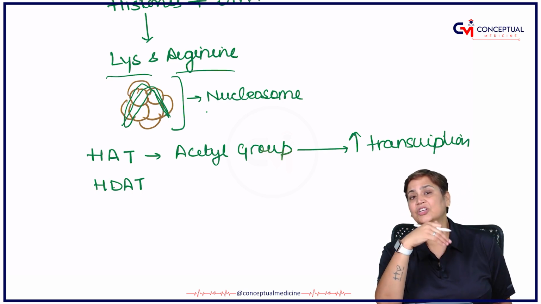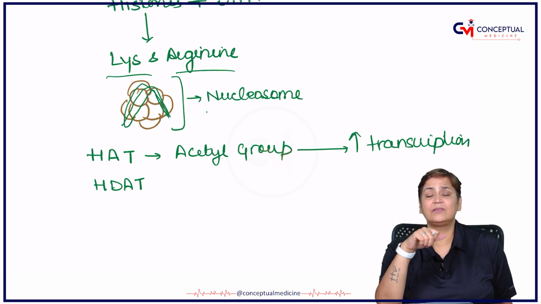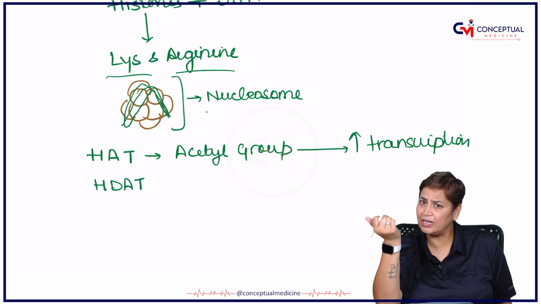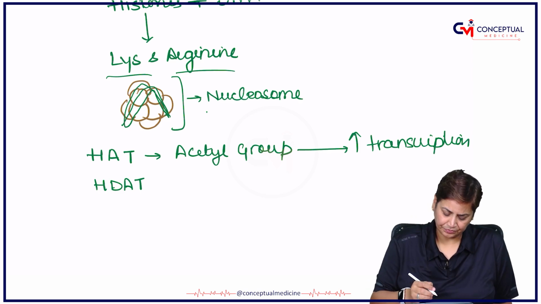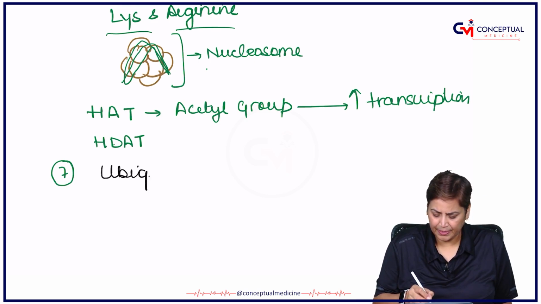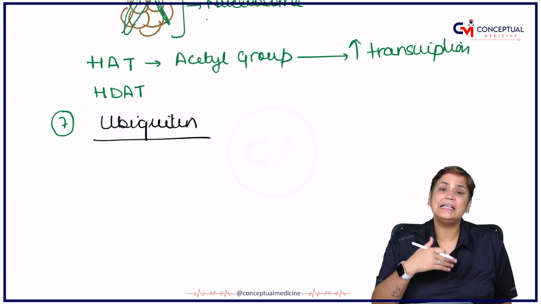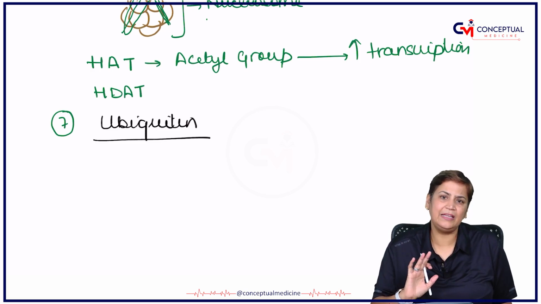Similarly, phosphorylation and dephosphorylation are also very important processes. Because we have seen so many enzymes are nothing but proteins. So many enzymes are active in their phosphorylated state, so many enzymes are active in their dephosphorylated state, like that. Then we come over to ubiquitination, and ubiquitin is simply, whatever protein is there, once the function of the protein is over, it will be sent to a proteasome and it will be degraded completely.